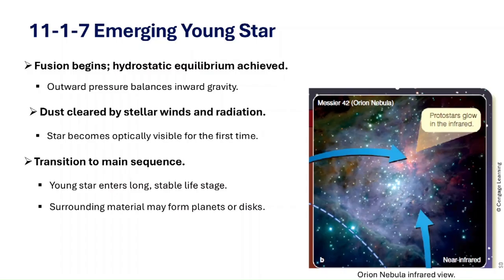Now, this is the moment where stellar infancy ends and true starlight begins. So, now we have a fully formed young star shining steadily in visible light. And from here, it will spend billions of years on the main sequence, just like our Sun, a calm and stable phase before the next great transformations later in its life cycle.